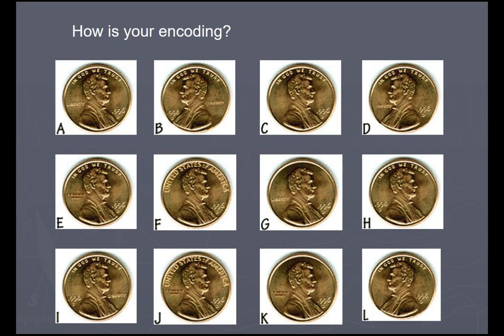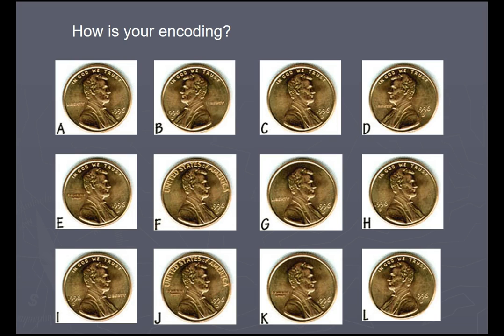Okay, so the correct penny is the very first one, A. And the reason that this is a difficult task for most people is because we don't really pay attention to all the details of a penny. And if you don't pay attention to details, you tend not to encode it very well. If it's not encoded, it's not going to get stored very well. What we do pay attention to with pennies is what we need to know.